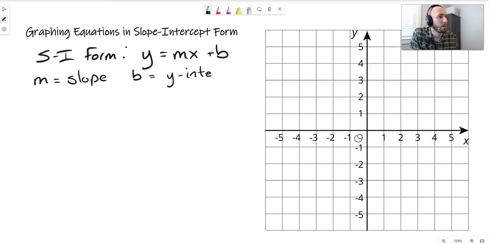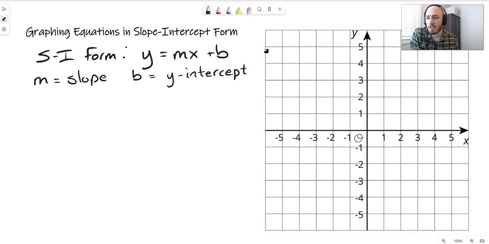So that's the point where the graph crosses the y-axis, also the point where the x-coordinate is 0. So now that we've reviewed that, let's take a look at how we can use the information that slope-intercept form gives us to graph an equation.